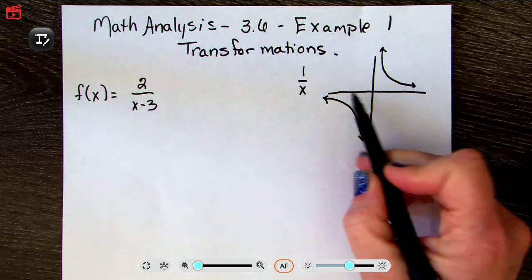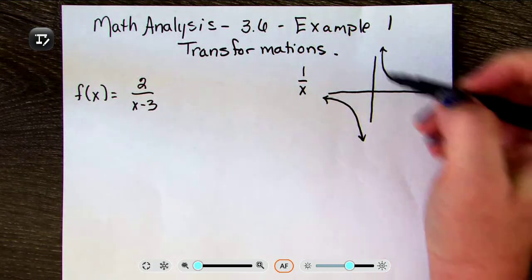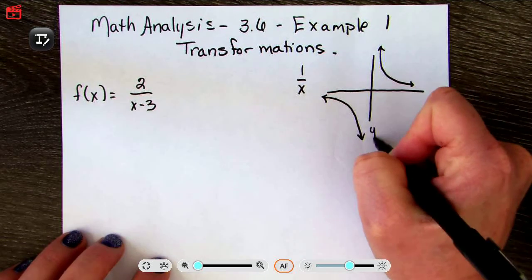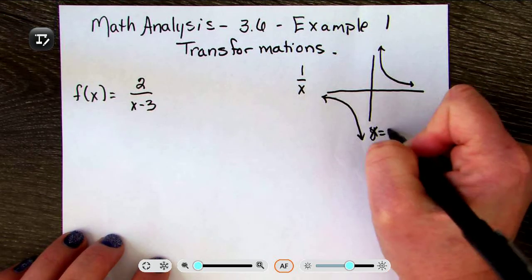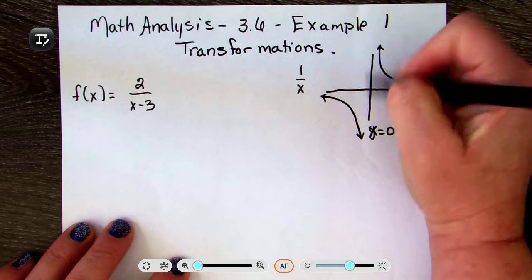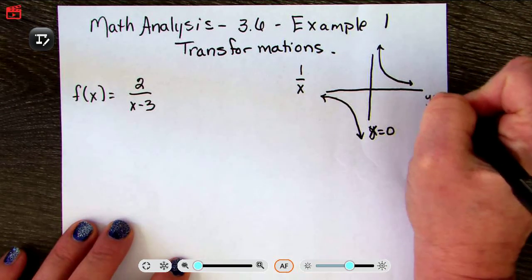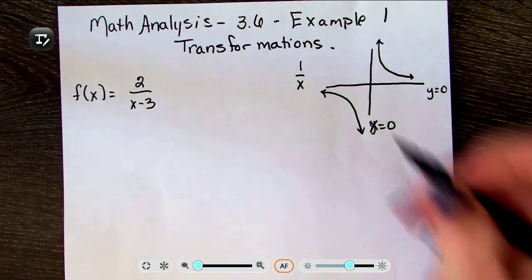It has the asymptote of both of the axes. So we have a vertical asymptote on the y-axis, x equaling 0. It also has the y equals 0 horizontal asymptote as we go through this.